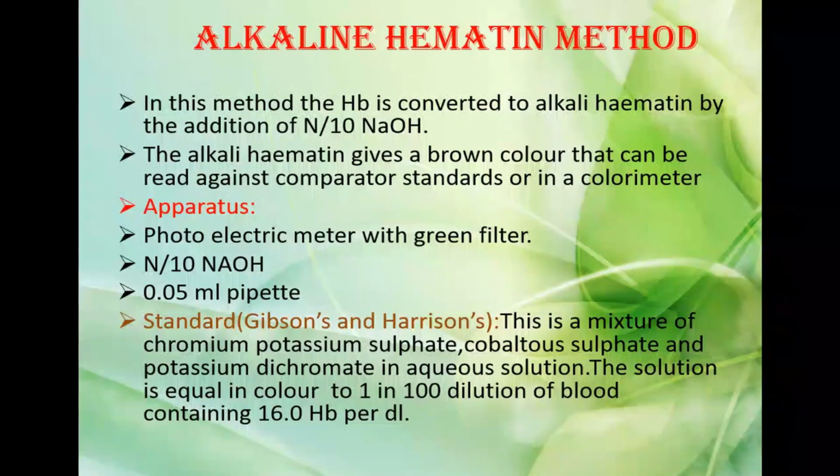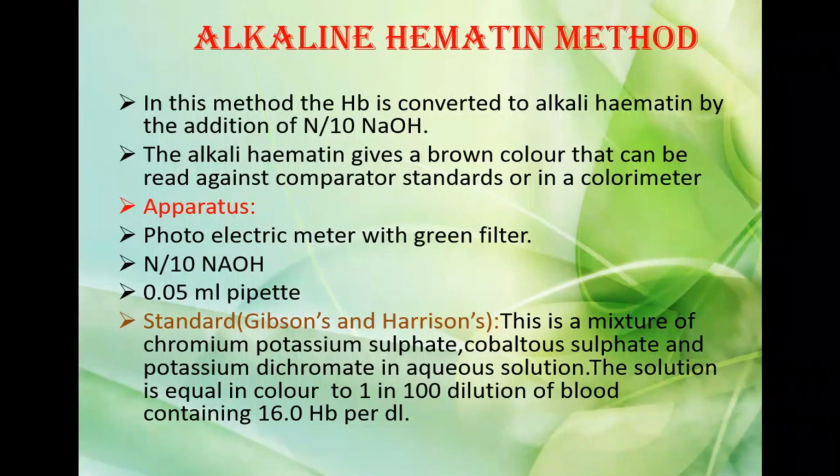There is another method which can also be used to estimate hemoglobin, the alkaline hematin method. In this method, hemoglobin is converted into alkali hematin by the addition of 0.1 N sodium hydroxide. In the previous case, the Sahli's method, 0.1 N hydrochloric acid is used, whereas in the alkaline hematin method we add 0.1 N sodium hydroxide.